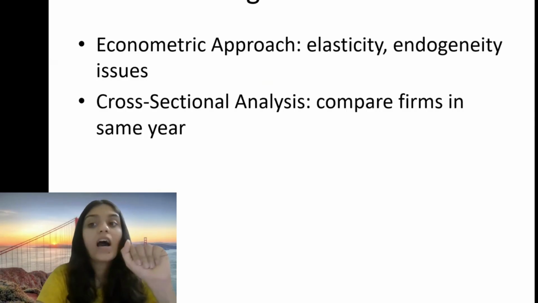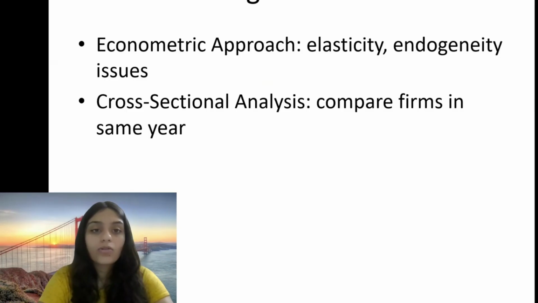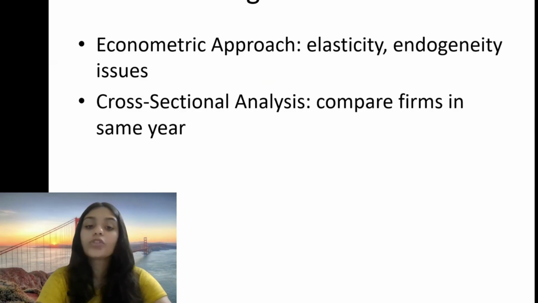Now, second, have you ever wondered how companies determine, or how a person determines, what kind of market structure a company is in? So to determine this, there are a few approaches. For example, first one is the econometric approach. Here, economists try to estimate how sensitive the demand is to the price, just like elasticity and inelasticity.